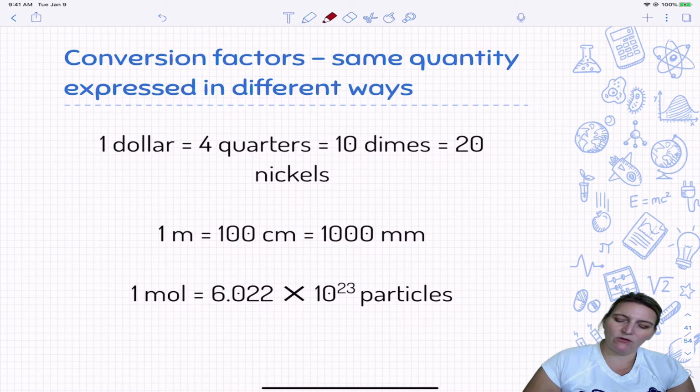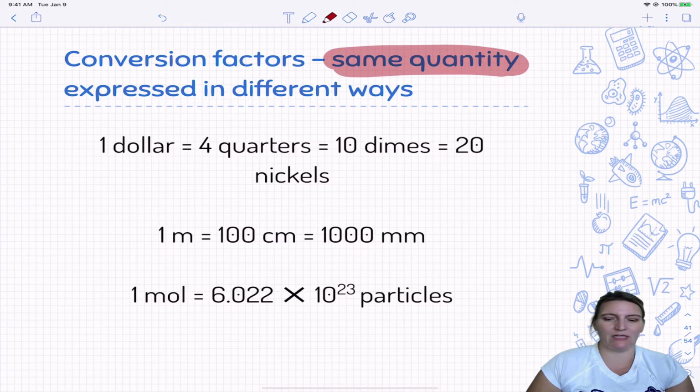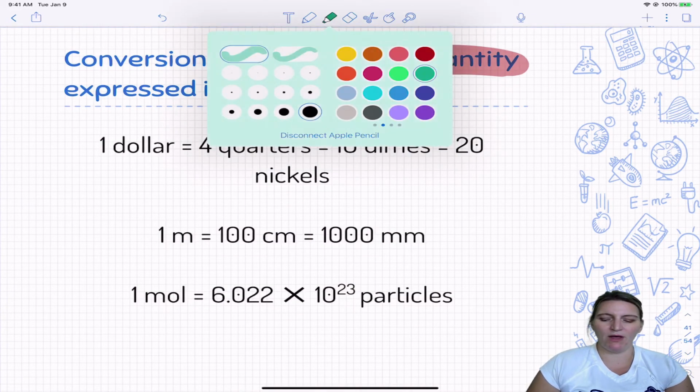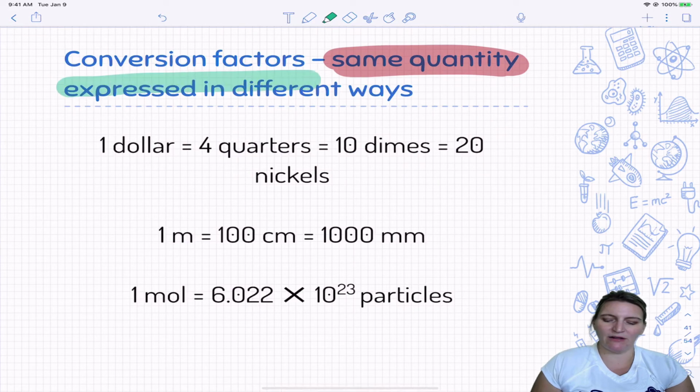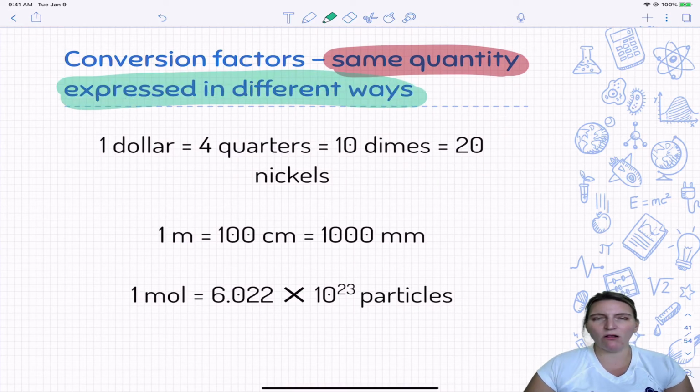That's where you get the same quantity, but expressed in different ways. All of those stand for $1, but they're just expressed differently. Think of the next line, 1 meter, 100 centimeters, 1,000 millimeters. Those are all the exact same length, but because they have different units and different numbers, they may look different, but they actually stand for the same quantity of length.